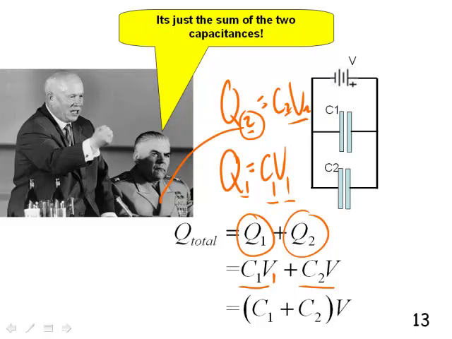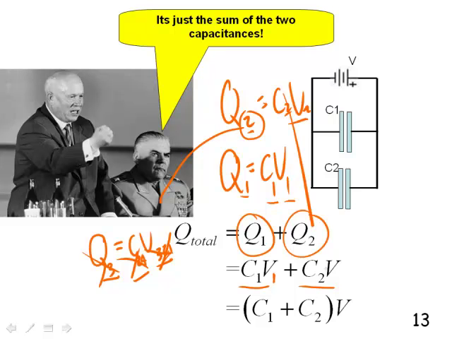Otherwise, we get these big circuits and we're using this equation over and over again, and students might use Q3 with capacitance 2, 4, and potential 3 to 1. So they're using all these different capacitors and voltages and charges, mixing them all up, and that doesn't work. You always have to use the same subscript for each one, and you'll see how that works.